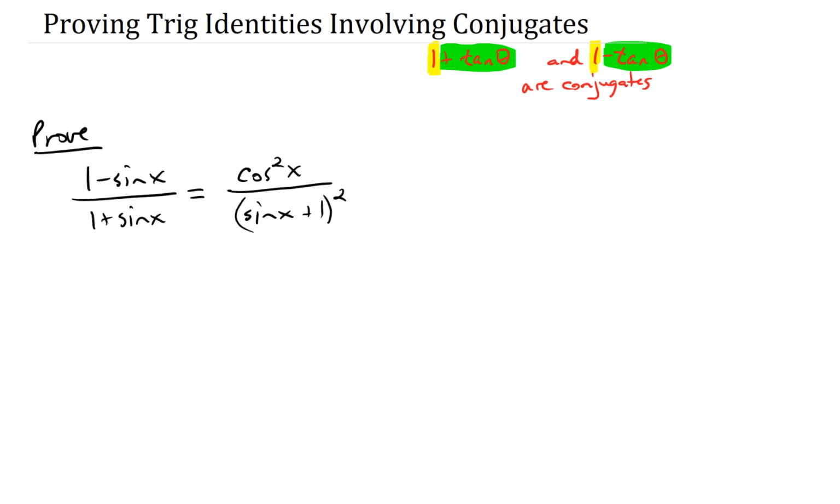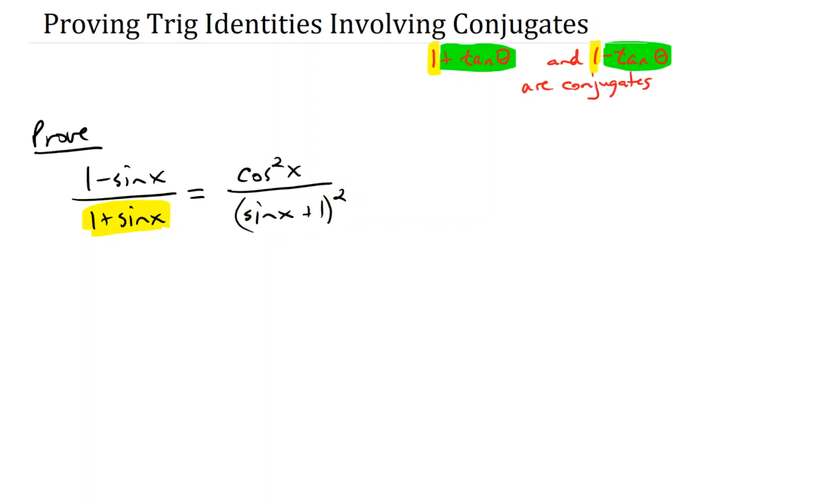Okay, so there's a lot going on here. And so when I'm looking at comparing the left-hand side to the right-hand side, I can see that my denominator on the left-hand side is 1 plus sine of x, while on the right-hand side it's 1 plus sine of x times itself because of this square.